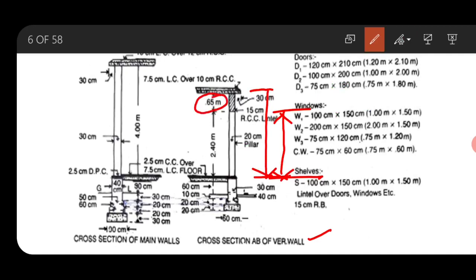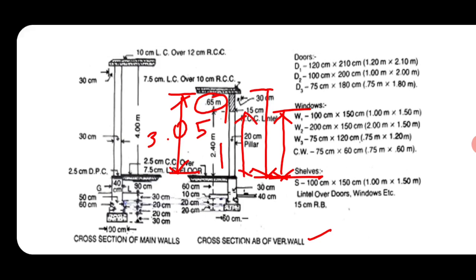So we will first consider the entire as solid, that means from 2.40 plus 0.65 for the entire depth, that is 3.05 meter. And then we will subtract this much of portion, that is 2.4 meter from the total quantity. Okay.